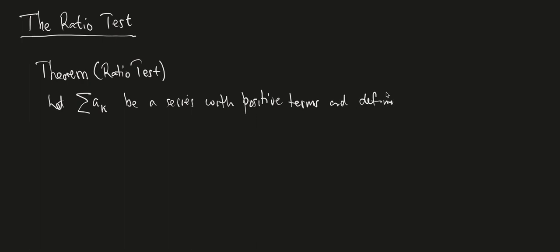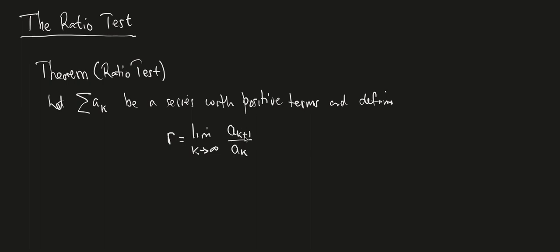Let's define a new quantity. We're going to call this R. So let's define R to be a certain limit. I know we've been using a lot of limits recently. R is defined as the limit as k goes to infinity of the ratio a sub k plus 1 divided by a sub k.